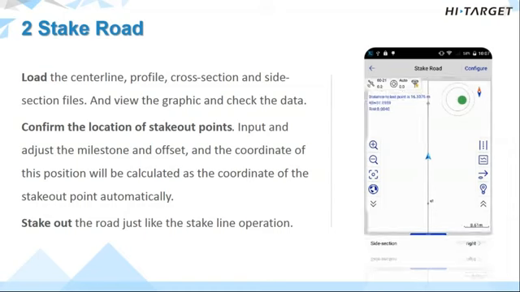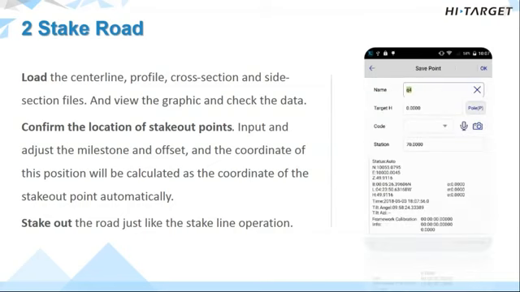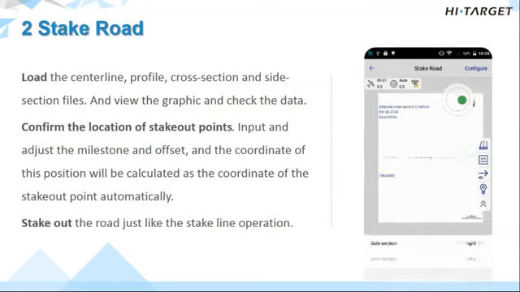The stake out is similar to the line stake out operation. But in the road stake out, you need to confirm the location of stake points and get one managed first. And then you can switch the perspective to the cross-section view.